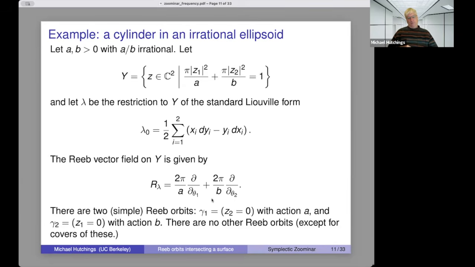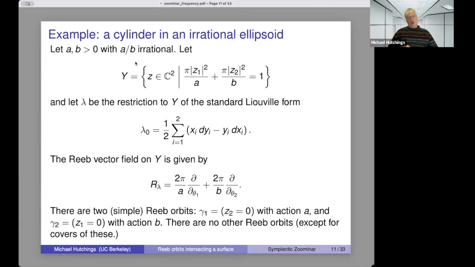And then there's a Reeb orbit where z2 is equal to 0, I call it gamma 1, and this orbit has period a, because if I go for time a, then theta 1 rotates around by 2 pi. And likewise, there's an orbit gamma 2, where z1 is equal to 0, and it has period b.